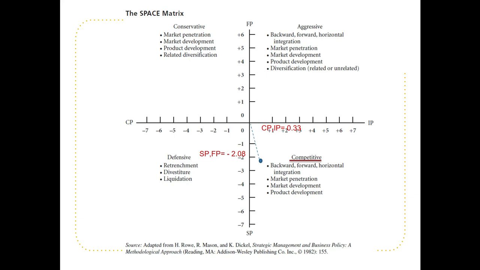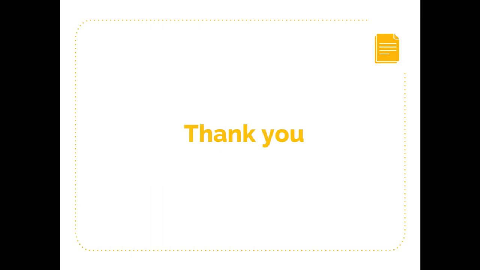Based on the SPACE matrix, the strategy that they have to pursue is a competitive strategy. It could be backward integration, forward, horizontal, or maybe market penetration, market development, or perhaps product development. All right, so that ends our lecture for now.